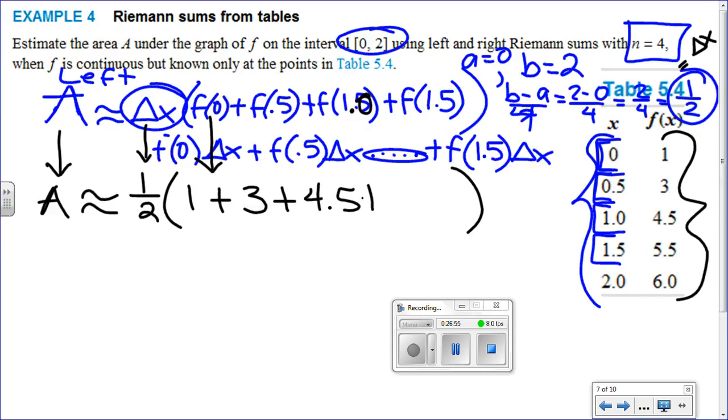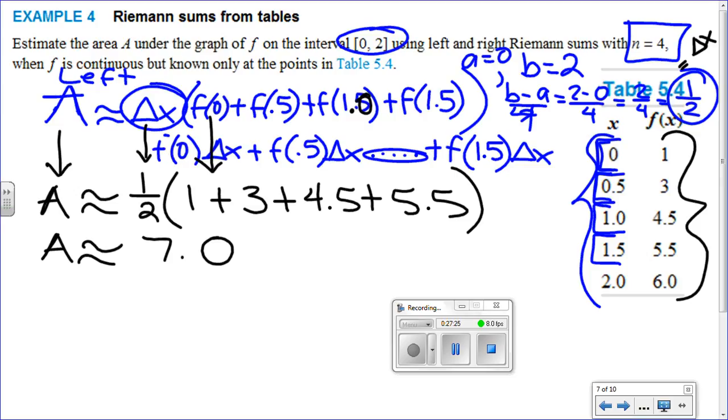And then what is f of 1.5? Okay. So if we add all those numbers and multiply by 1/2, we're going to get 7. No, oh wait, I'm sorry. I forgot to add that one. My bad. Yeah, 14. Okay, that was the left.